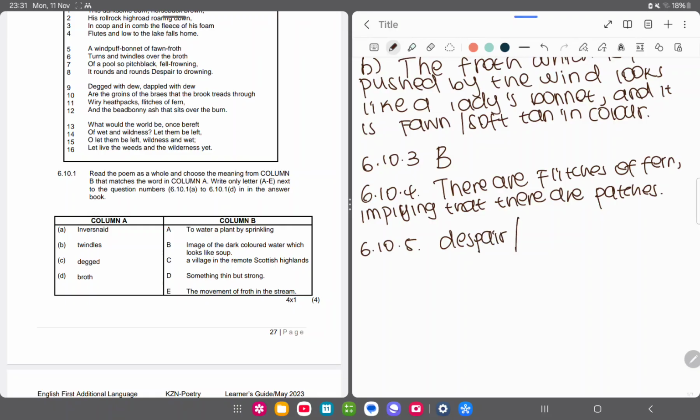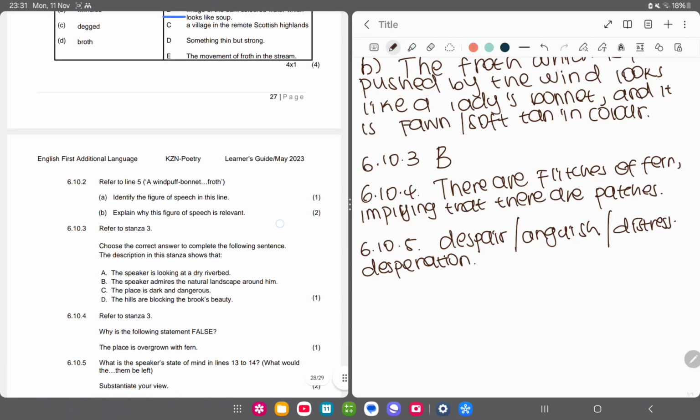If you don't want to say he is in despair, you can say maybe that he is in anguish. Or you can say that he is in distress. Or you can say he is desperate. So you can write here and say desperation. Or you can just say desperate, however you see it fit.